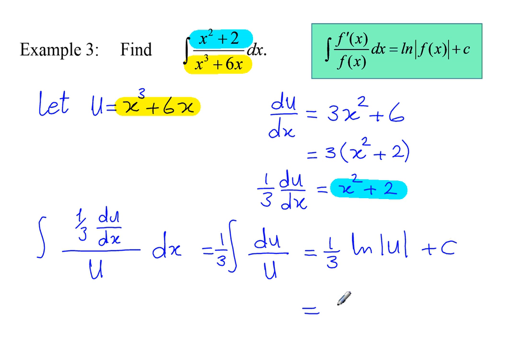And then the last step would be 1/3 of ln modulus u, where u originally was x cubed plus 6x, plus constant. So the final form is 1/3 of ln modulus x cubed plus 6x plus c.